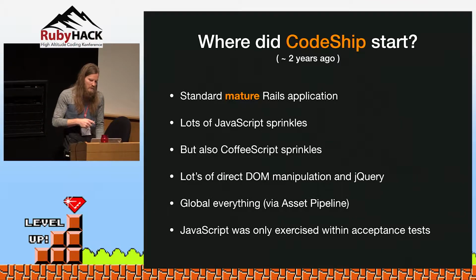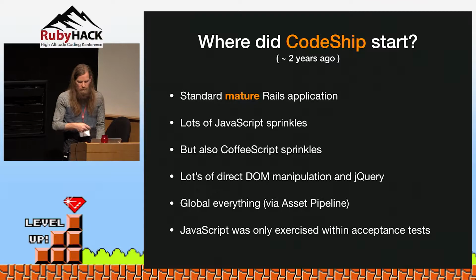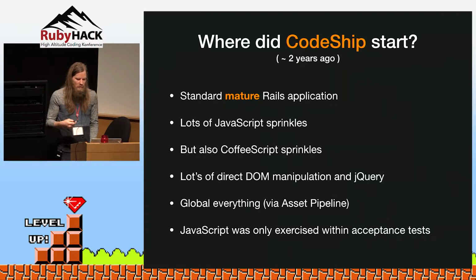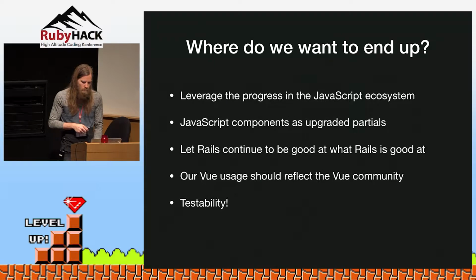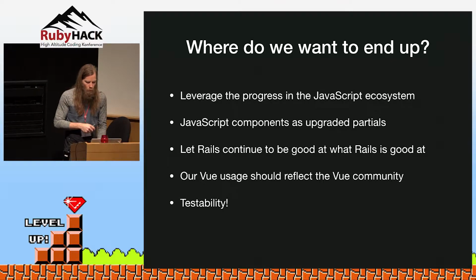Our JavaScript codebase was reflective of the time in which it was created. These things haven't necessarily aged poorly, any more poorly than any technology choice usually does. They've just simply aged. The JavaScript world has moved on significantly, and we want to move along with it. So we've defined where we're starting. Where do we want to end up? What are our goals?